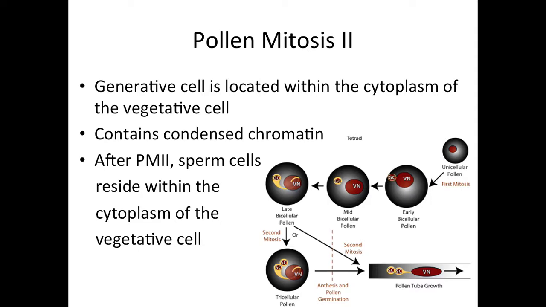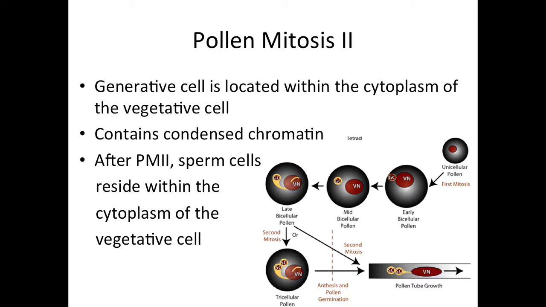At some point, whether it's inside the anther or on the female plant, pollen mitosis 2 will occur, and that will split the generative cell into 2 sperm cells. After pollen mitosis 2, you no longer have a generative cell because that has split and you now have 2 sperm.